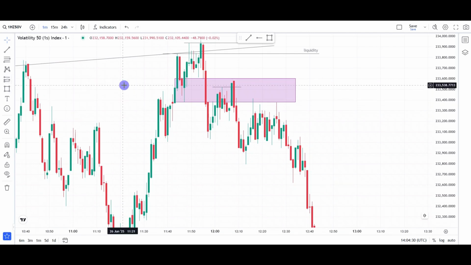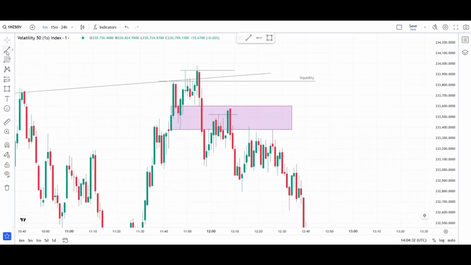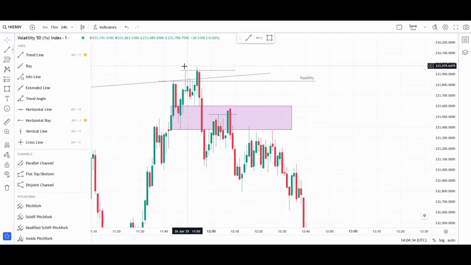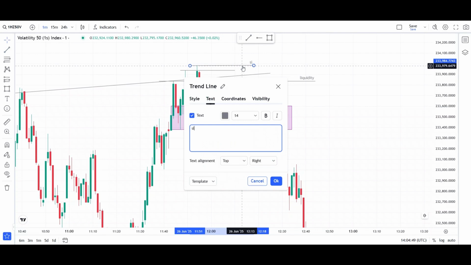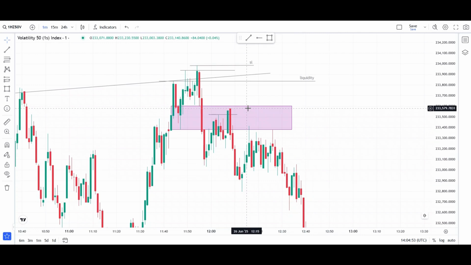So this is where we want to enter, and your stop loss should be at this previous high tip right here. Weak. You want to put your stop loss right there. So this would be your stop loss right here. This would be your stop loss, or slightly higher.